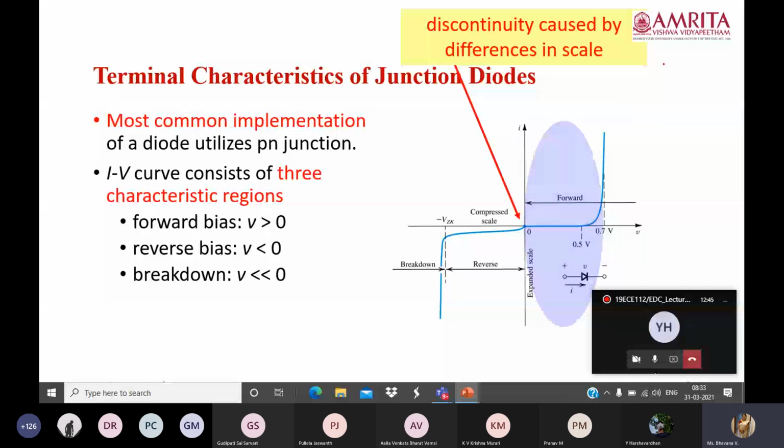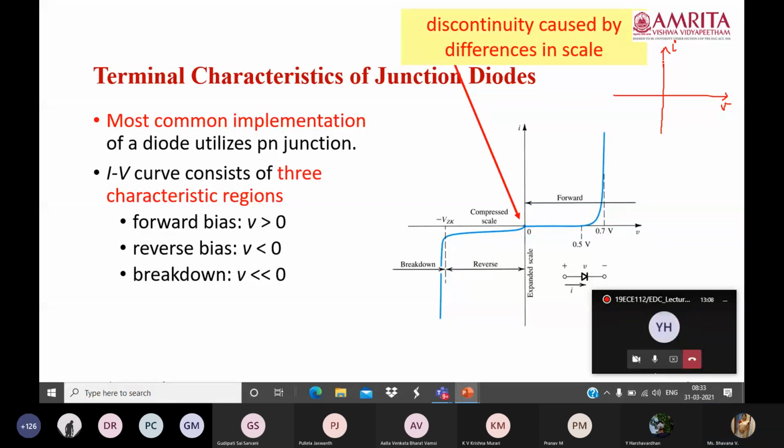So, what was the ideal characteristic? What will be on the x-axis and what will be on the y-axis? The x-axis will be plotting V and the y-axis will be plotting I. How will the ideal characteristics look? Forward bias and reverse bias.